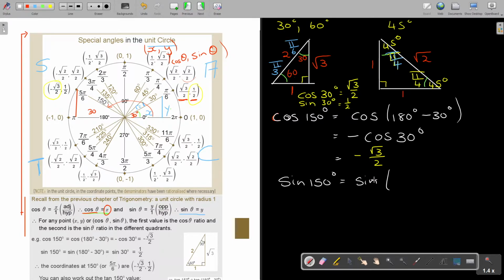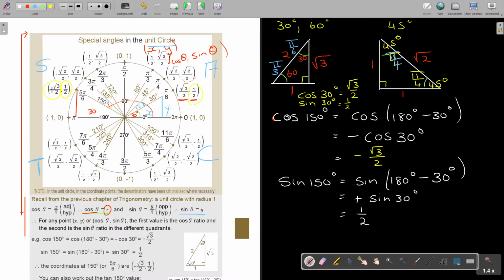That's why you must be very good in chapter 4 before you go to chapter 10. So it's going to be sin of 180 minus that 30 degrees. And now I have to think, second quadrant, so it's going to be positive sin 30 degrees, which is opposite over hypotenuse, so it's 1 over 2. So in this case, if you look here, it's going to be positive. So it was negative, positive.